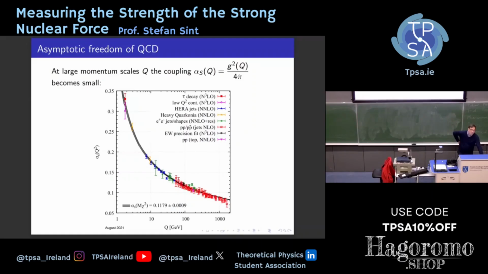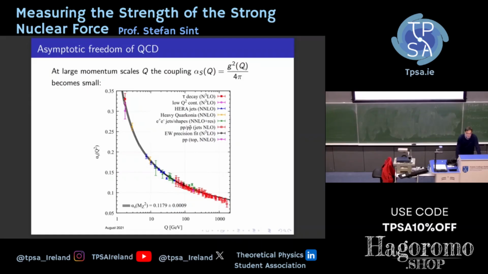And also in QED, there are quantum effects which make this actually not a constant. If you do quantum field theory and calculate quantum corrections, you will find that alpha, the fine structure constant, has a dependence on a momentum scale. And the same happens for QCD. So here it depends on the scale.